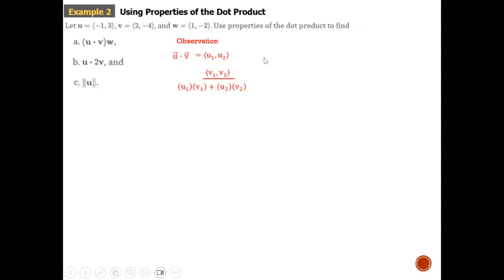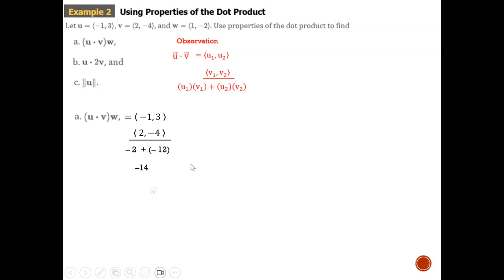And here's my observation. For part A, first I have to find the dot product of u and v. There's my u, -1, 3. I'm going to put the v vector right underneath it, 2, -4. Use the observation, so it's going to be -1 times 2 plus 3 times -4, and we add them. So it's going to give us -14.